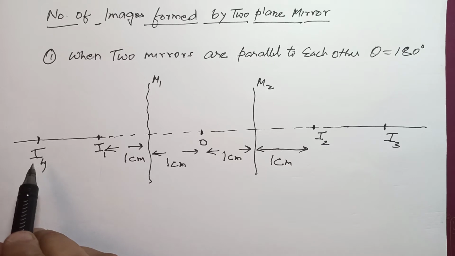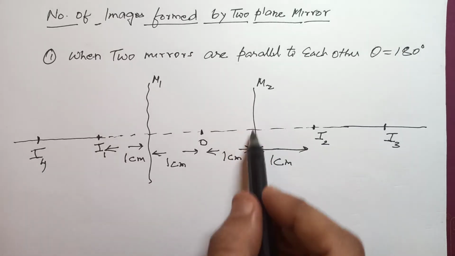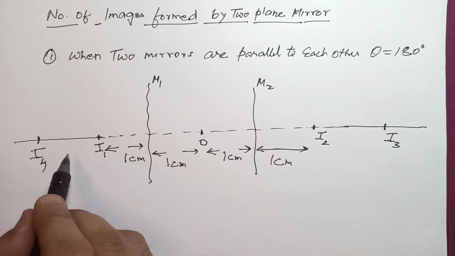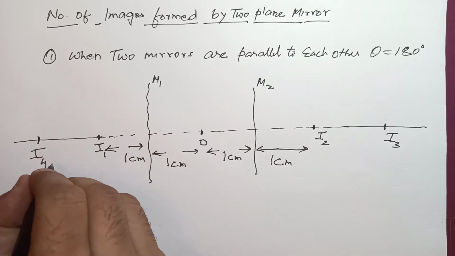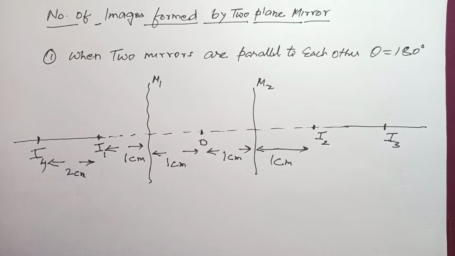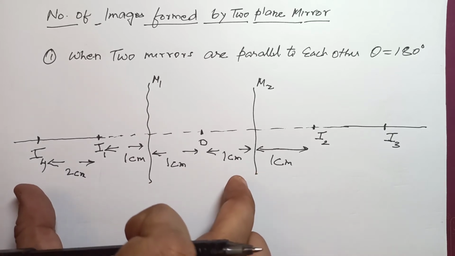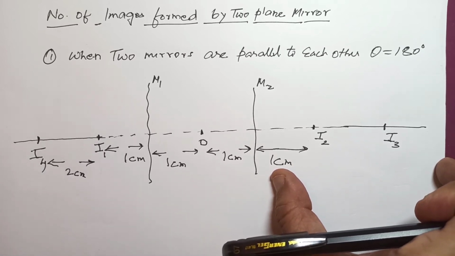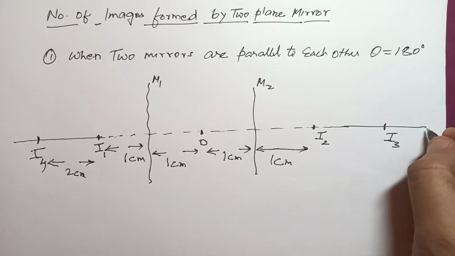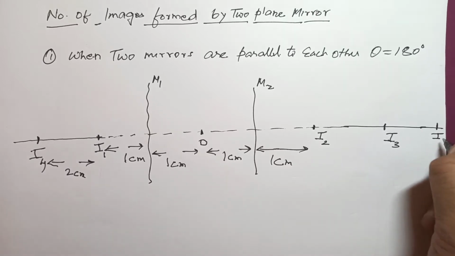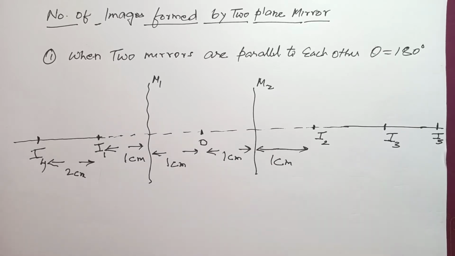Now this image I4 becomes an object for M2. Because this becomes an object, this distance is 2. So this distance will get an image somewhere here, which I can call I5.